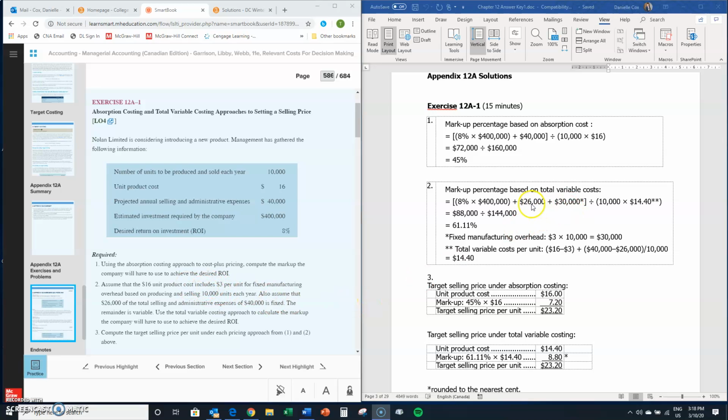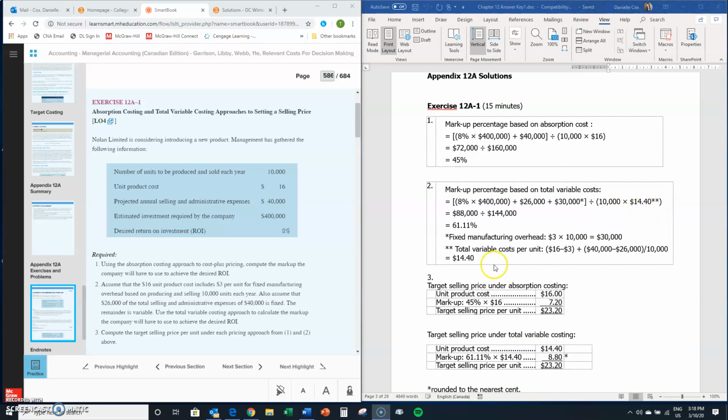So 26,000, and the overhead is $3 fixed times the 10,000 units is 30,000. So these are the fixed expenses. Then we divide that by the unit sales. So again, they're looking at 10,000 times the total unit variable cost.